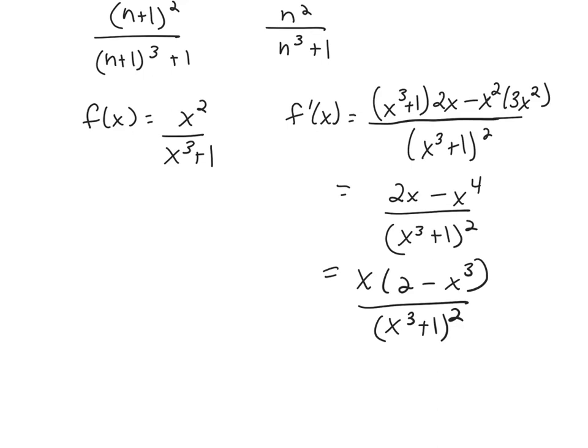I want this function to be decreasing, so when is the derivative negative? We've got these three pieces. The denominator is positive, and so is x, because I'm looking at the interval from 1 to infinity. So it's really only this other piece here that's going to give me a negative.